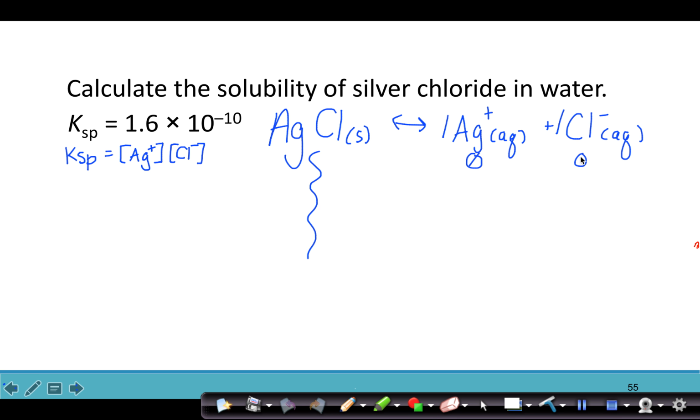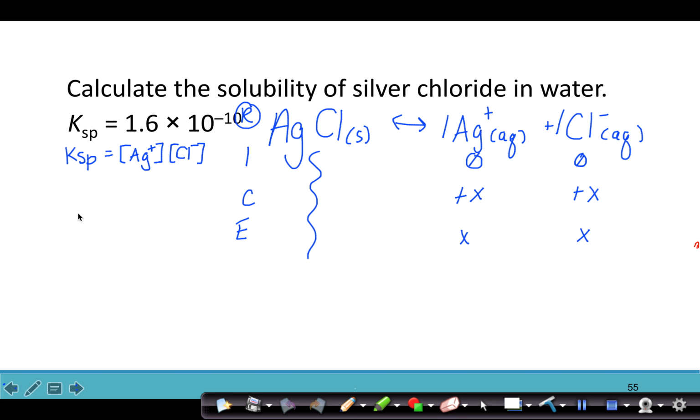When we first put in our silver chloride solid and we have nothing dissolved, the concentrations of the ions are each 0 for our initial. They each go up by coefficient x, which is a 1, and so at equilibrium, it's an x.